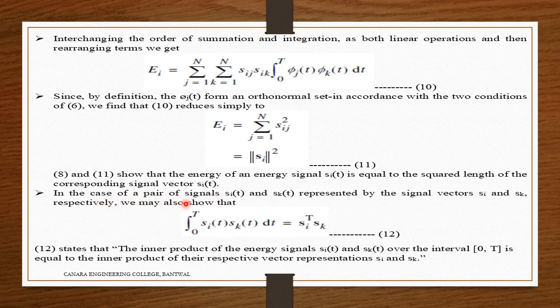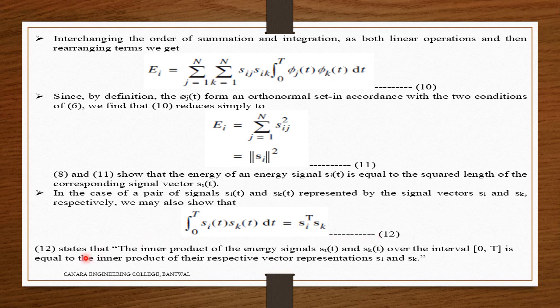In the case of a pair of signals Si of t and Sk of t represented by the signal vectors Si and Sk respectively, we may also show that the integration from 0 to capital T of Si of t into Sk of t into dt is equal to Si transpose into Sk. This is equation 12.